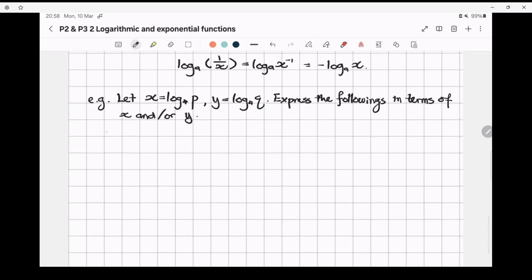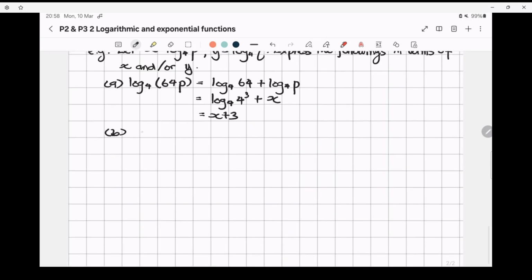So let's look at the first one: log base 4 of 64p. So we can separate this out. So 64, you need to find out what is the power of that. So this is log base 4, 4 to the power of 3. So log base 4 p is x. So this is just x plus 3.